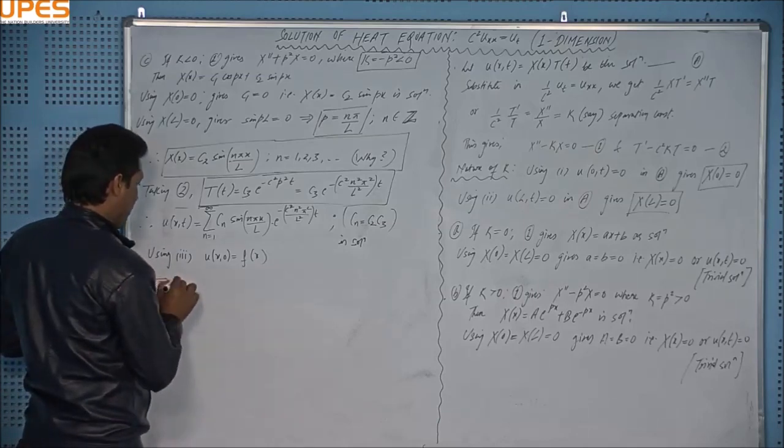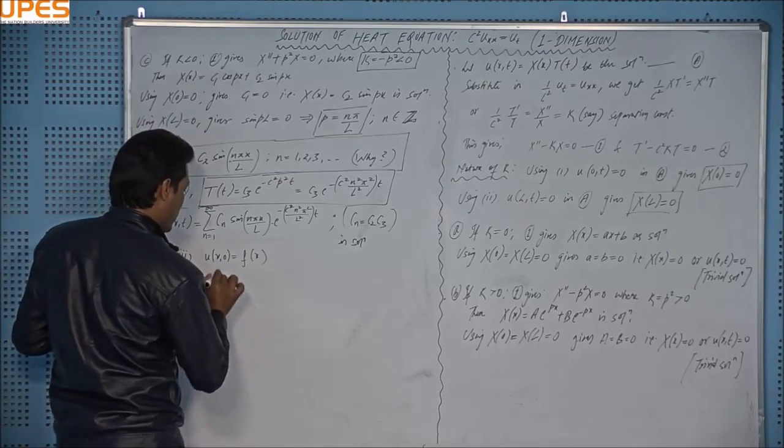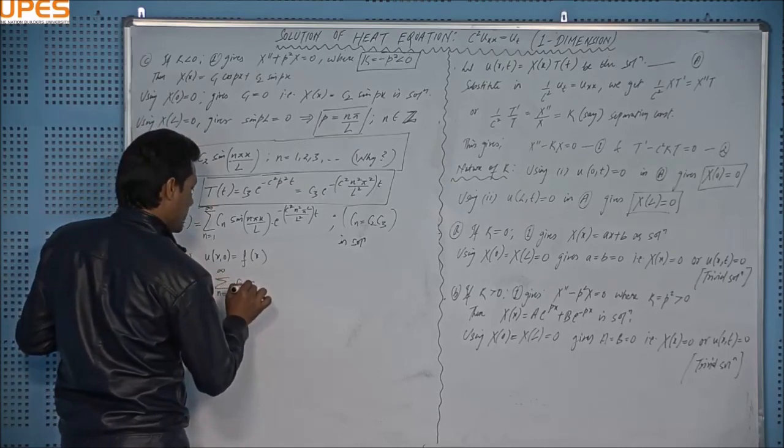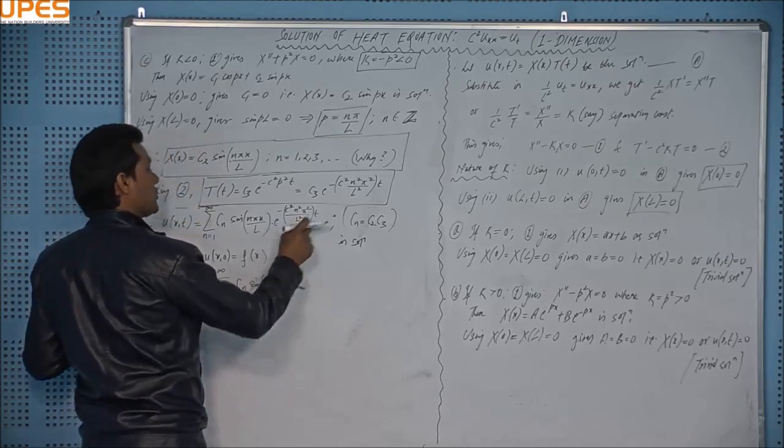I will get f(x) equal to summation n equal to 1 to infinity, cn sine n pi x over L, and e to the power 0 will become 1.